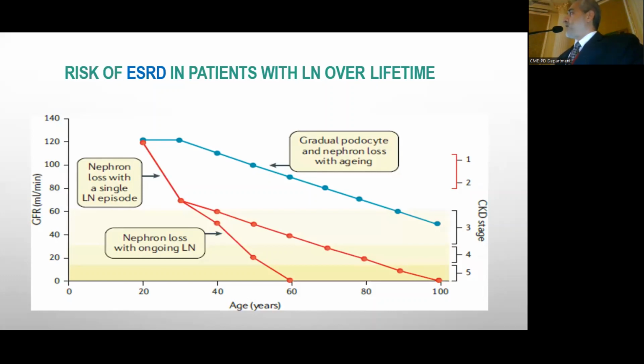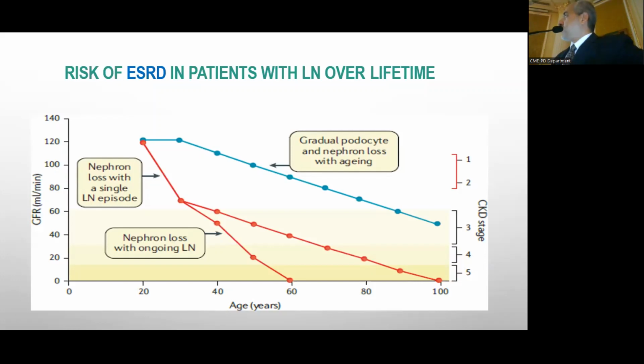But if we compare that with patients who have lupus, with a single attack of lupus activity, there is a progressive nephron loss and reduction of GFR. Even if the patient achieves complete remission at the end of this episode of lupus nephritis, the higher red line shows a progressive nephron loss.